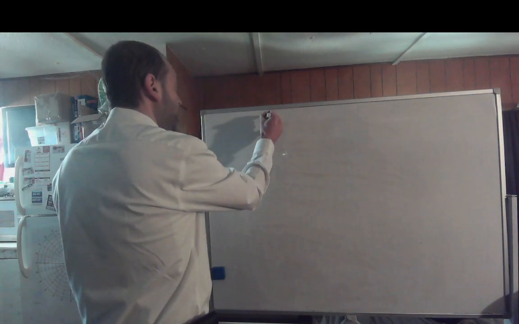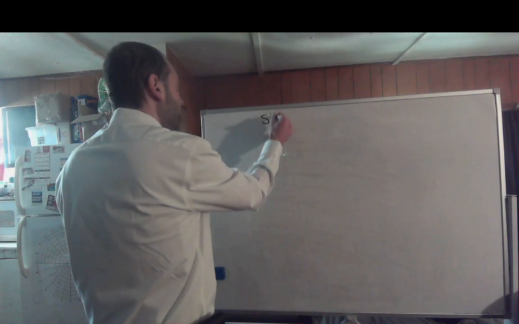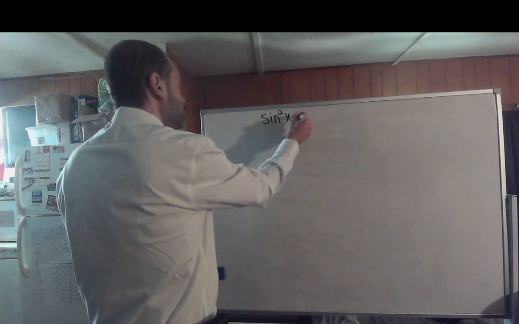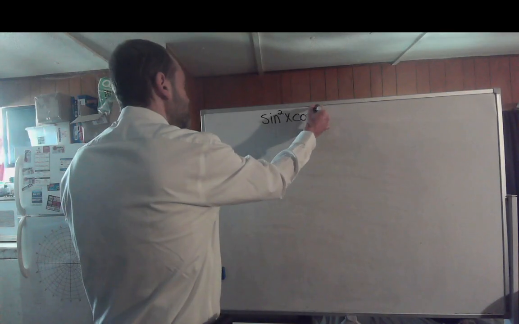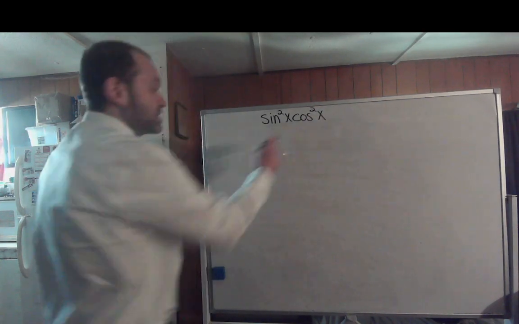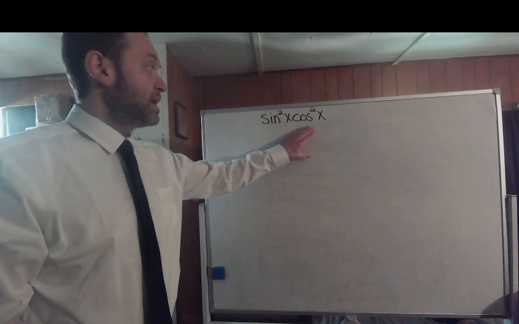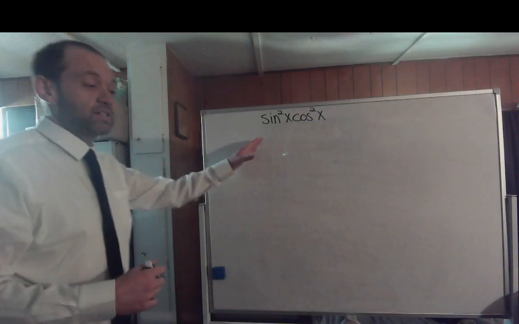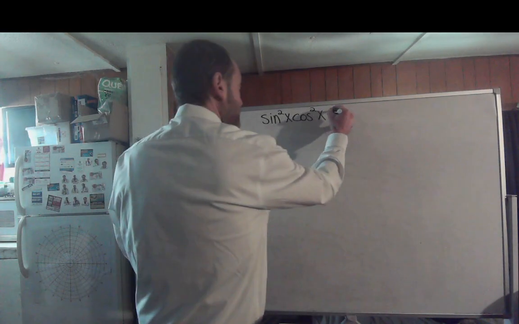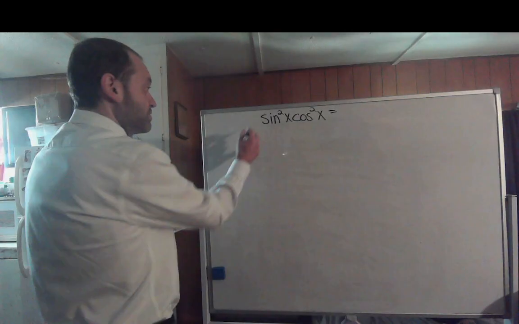Alright, let's see. Now what if we had sine squared of x, cosine squared of x? So they're double teaming on us this time. We have the sine squared of x times the cosine squared of x. So with each of these we got to apply the power reducing formula.